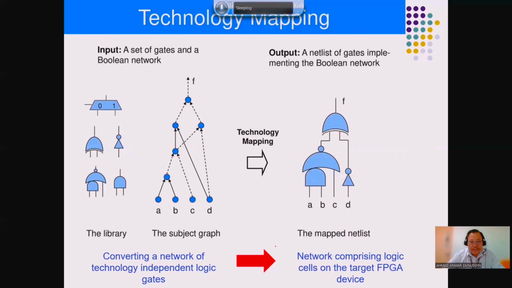Basically, we have the input and the output. The input is a set of CAD and a Boolean network, and the output is a netlist of gates implementing the Boolean network.